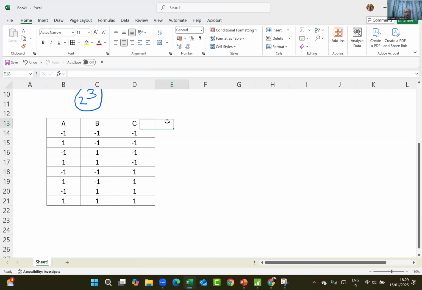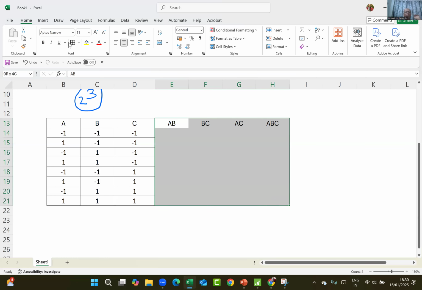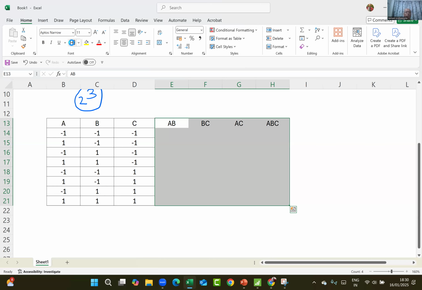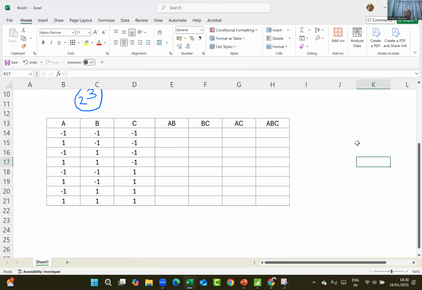Now I can also create the columns AB, interaction column BC, and AC, and also ABC. So I have created these extra columns and I can now add the signs to this.